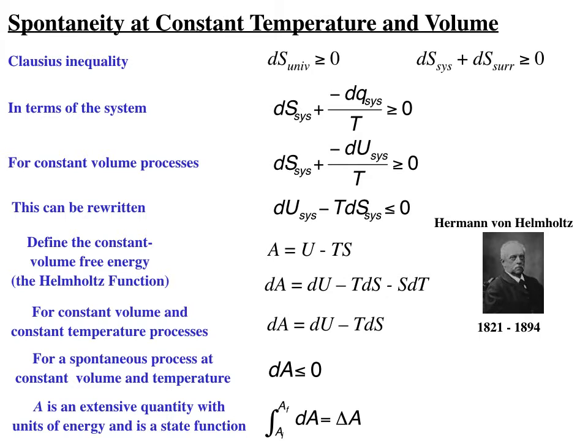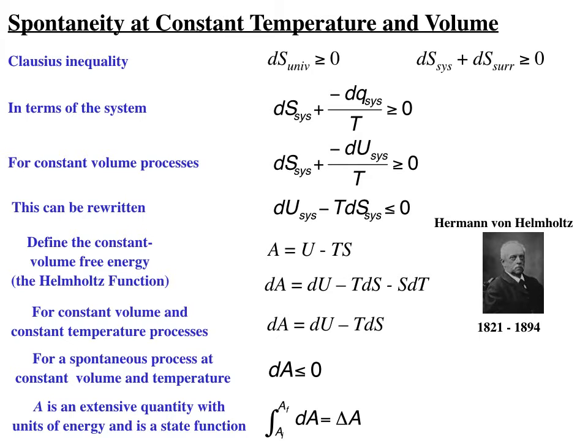Now if I specify not only constant volume but also constant temperature, the SdT term goes away, so that dA equals dU minus TdS. That is the expression that I had above.